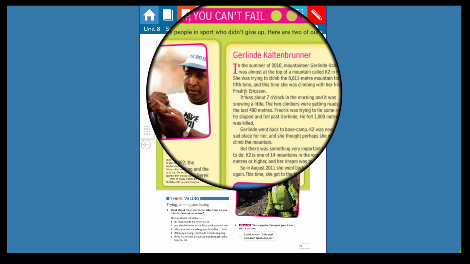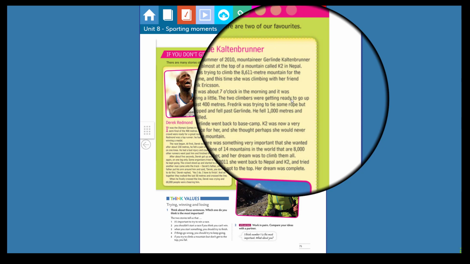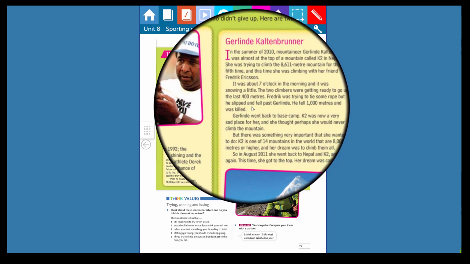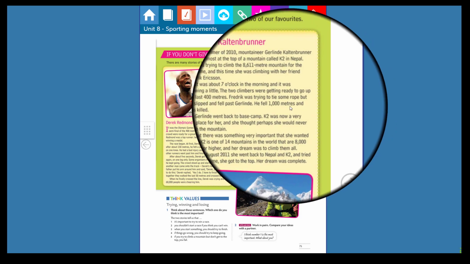It was about 7 o'clock in the morning and it was snowing a little. The two climbers were getting ready to go up to the last 400 meters. Frederick was trying to tie some rope, but he slipped and fell past Geraldine. He fell 1,000 meters and was killed.